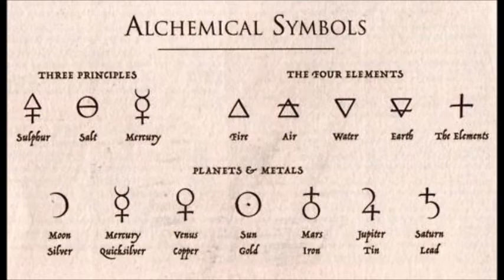The elements also have corresponding cardinal directions on the cross. With the cardinal directions, they also have the seasons of the year, the times of day, suits of tarot cards. So tarot cards, once again, coming in, and even archangels that personify them.